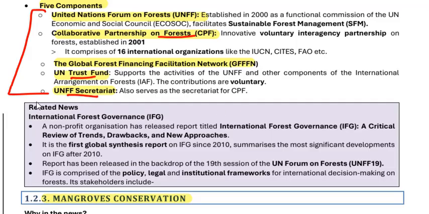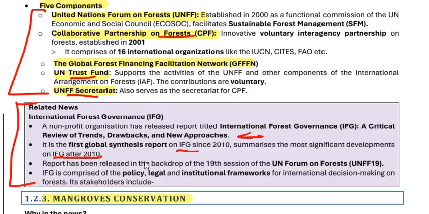This is the related news. If you want, you can see that International Forest Governance, a non-profit organization, has released a report titled International Forest Governance: A Critical Review of Trends, Drawbacks and New Approaches. It is the first global synthesis report of international forest governance since 2000, and summarizes the most significant developments after 2010.